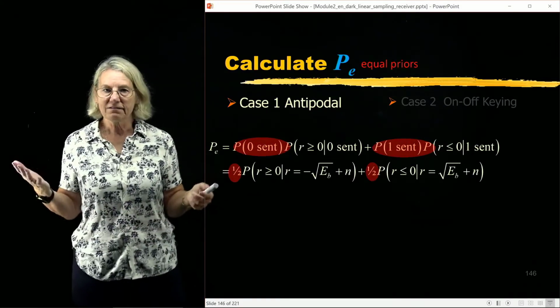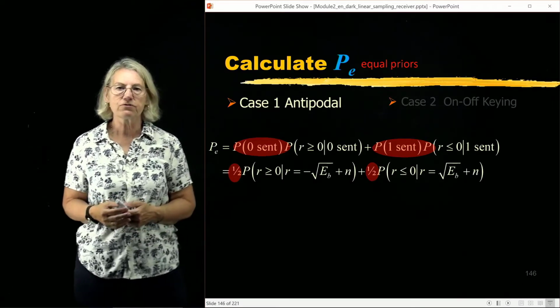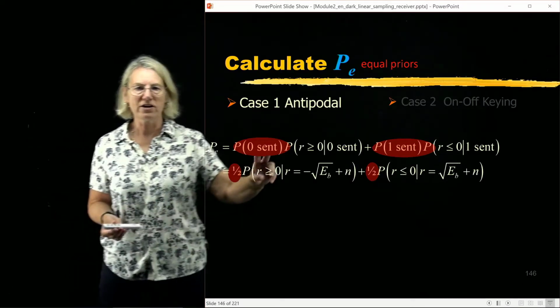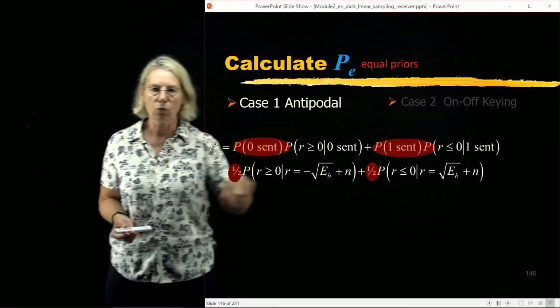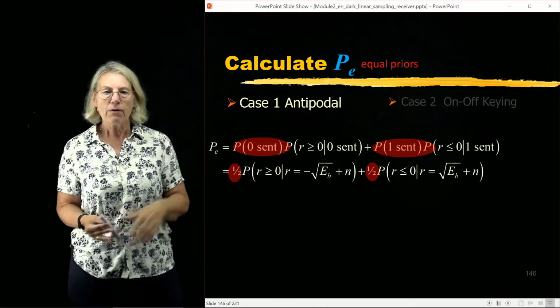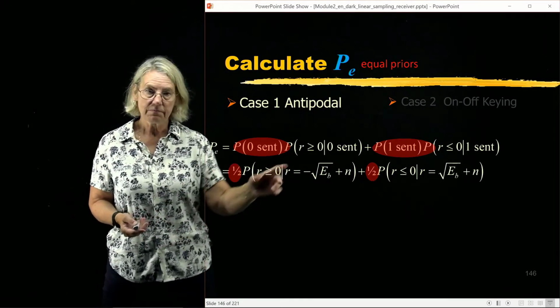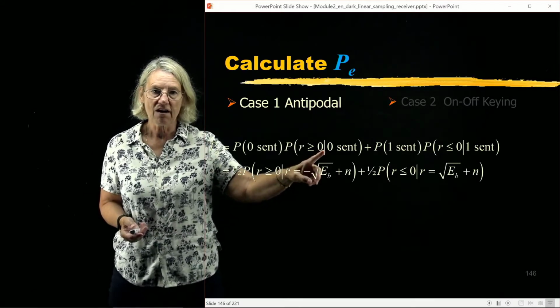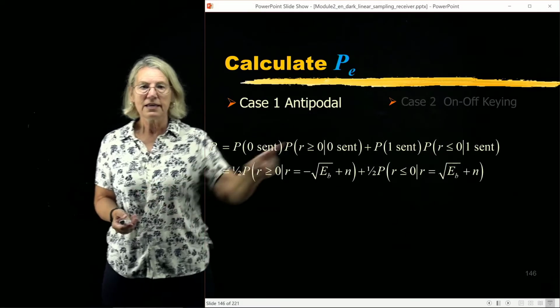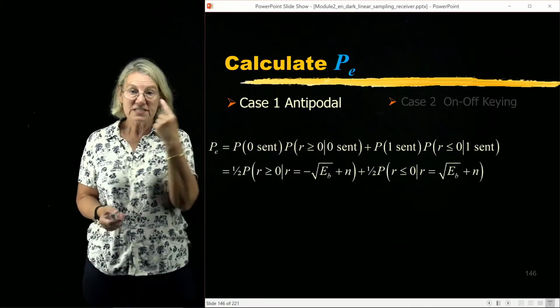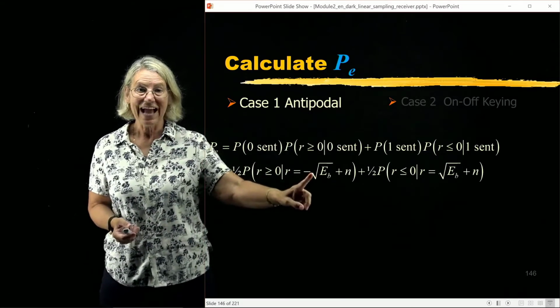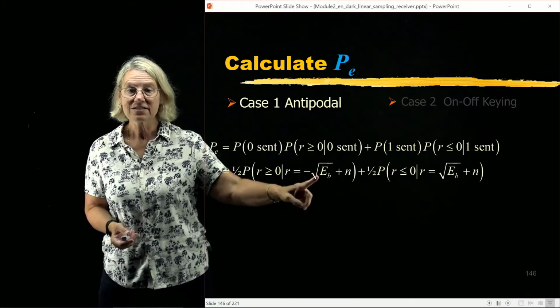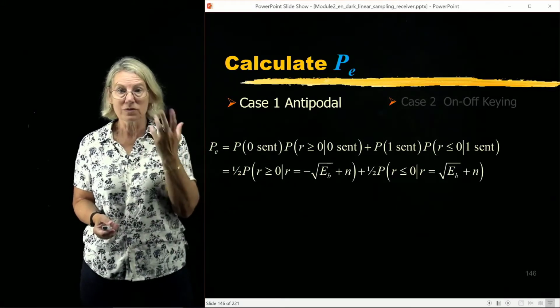So again, I assumed equal priors for this examination. Equal priors means that P0 and P1 are both 1/2. Now I look at the second part here, and what we have is the probability that r is greater than 0, given that 0 is sent. If 0 is sent, that means that S is minus the square root of EB, because a 0 was sent.